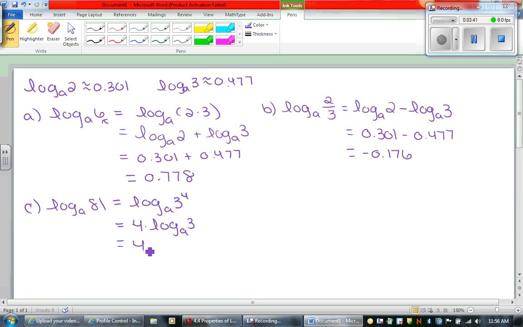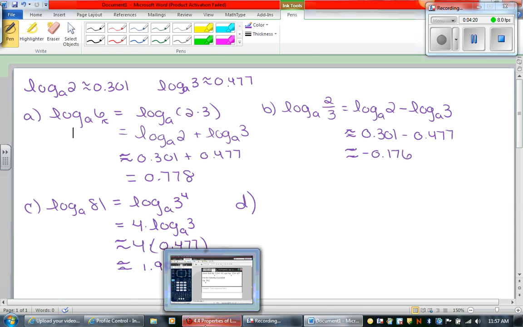And then we can replace our log base A of 3 and then multiply to get our product. Okay. Let's try another.